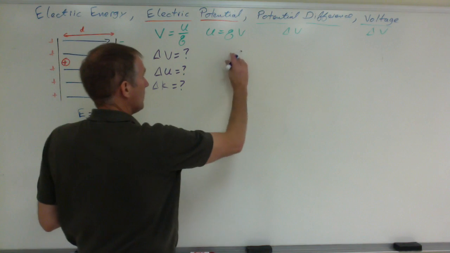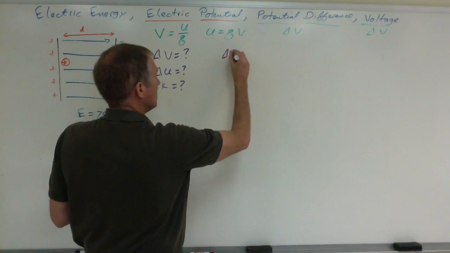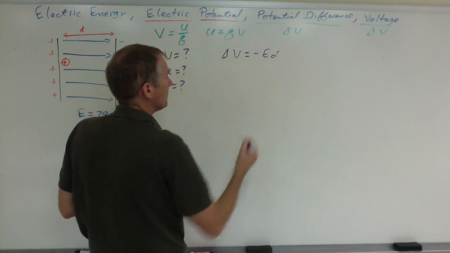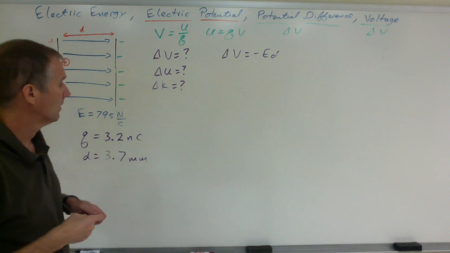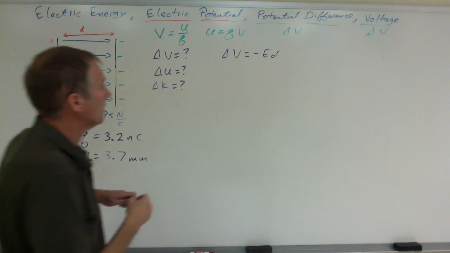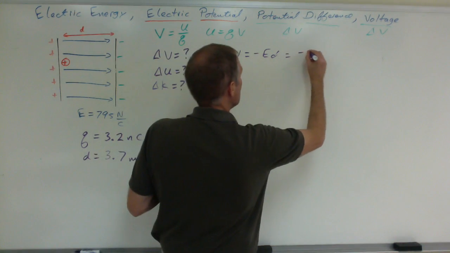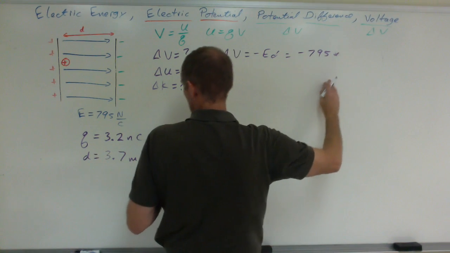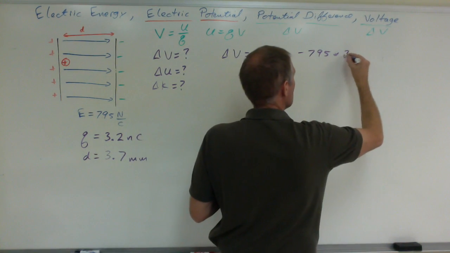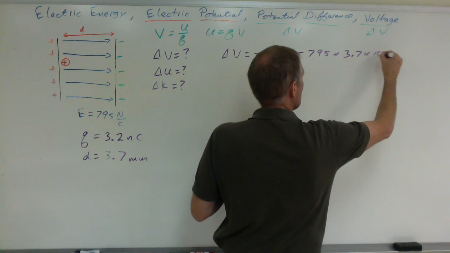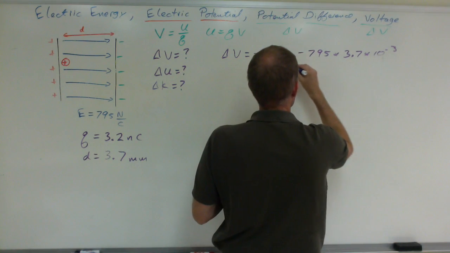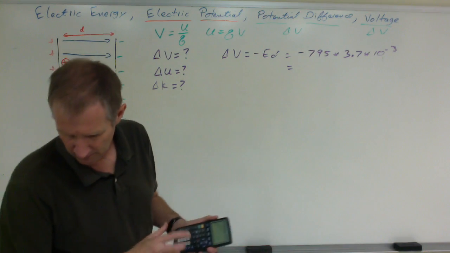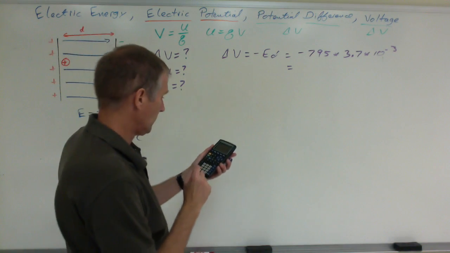So let's start here. Delta V equals negative E times D. So that's negative 795 newtons per coulomb times 3.7 times 10 to the negative 3. Let me get my calculator out.